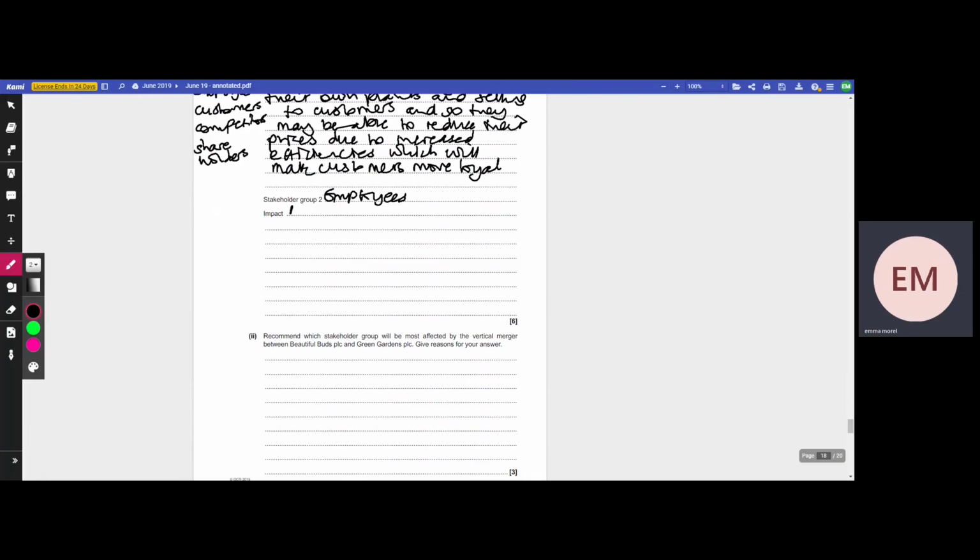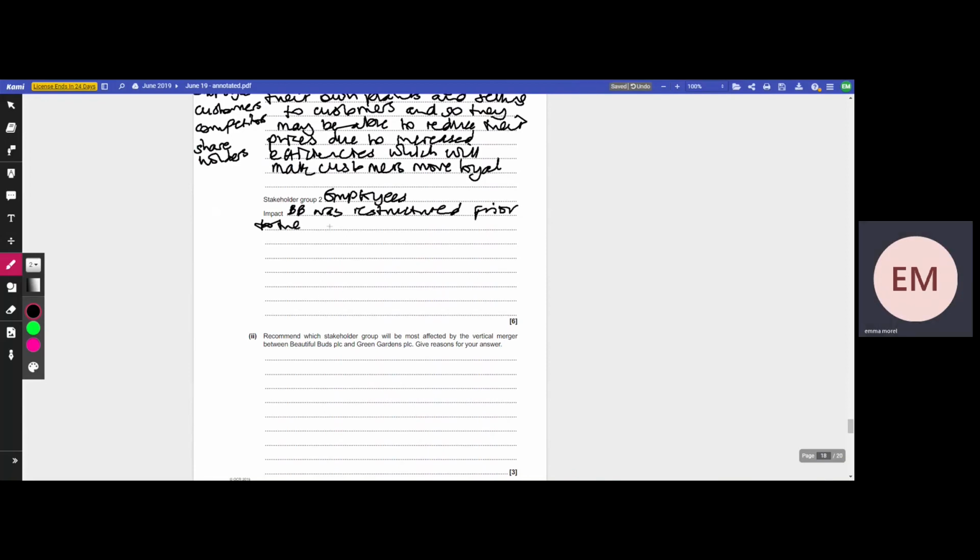So Beautiful Buds was restructured prior to the merger, and we know that because it told us that in the text prior. What's going on with my pen? It's getting messier and messier.